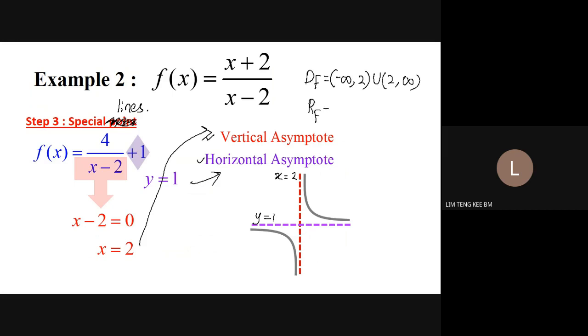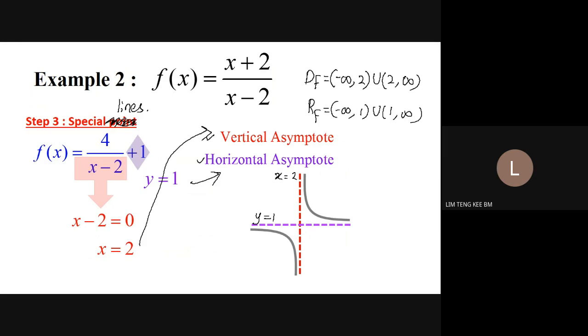Similarly, for the range, if you extend the graph, it can go through any y value except y equals 1, so I have a gap at y equals 1. This is just an extra if you want to determine domain and range, reached at step 3.